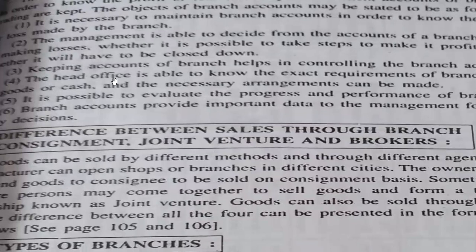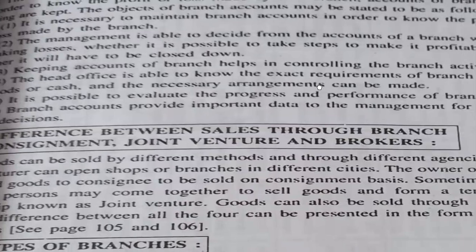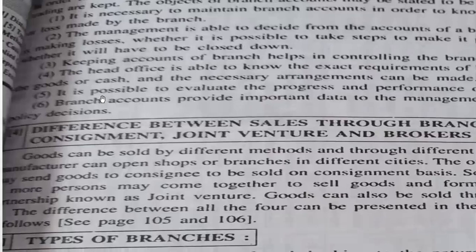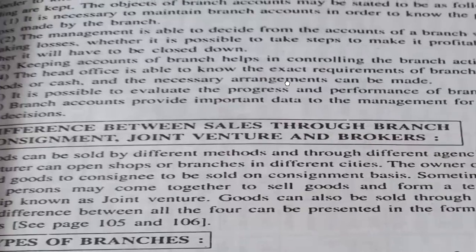The fourth objective is the head office is able to know the exact requirements of branch about the goods or cash, and the machinery arrangements can be made.